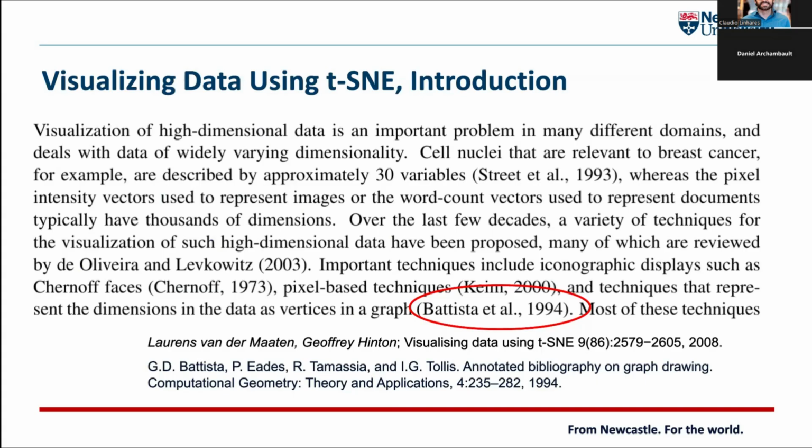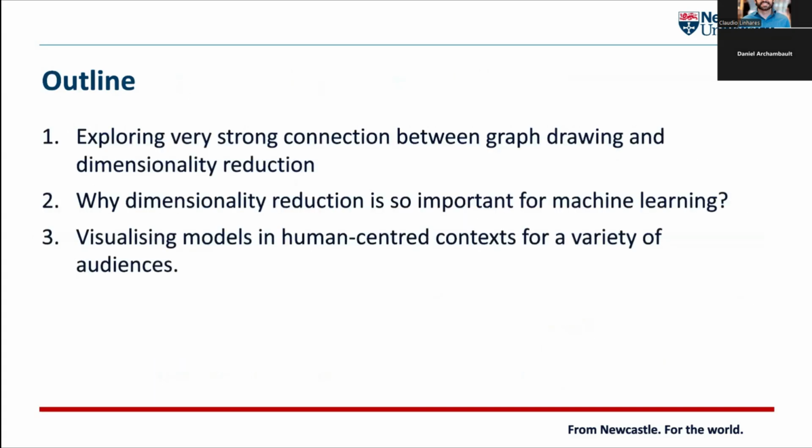Why do that? Well, this talk is actually divided into 3 parts, and we're going to explore that first question of why a graph drawing annotated bibliography is in Geoffrey Hinton's paper.